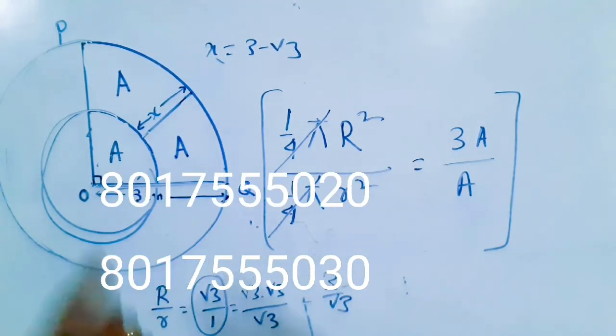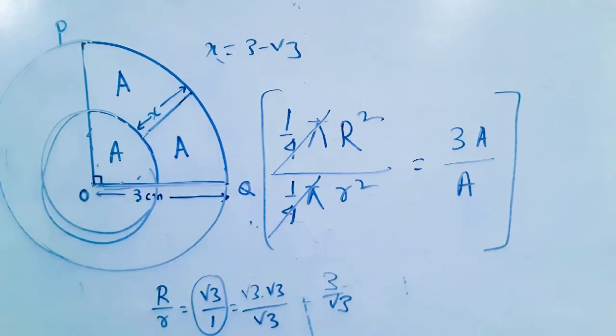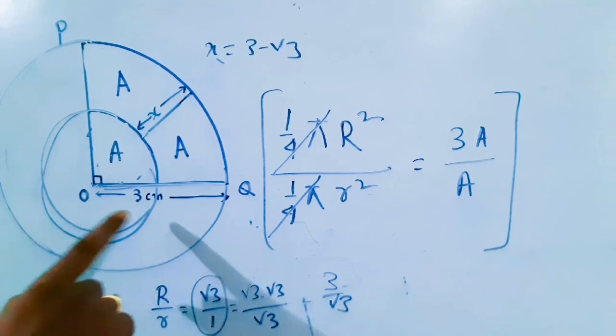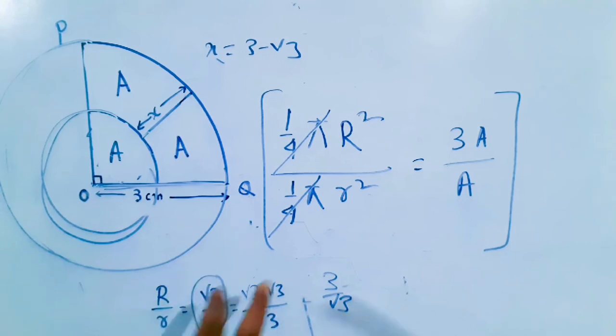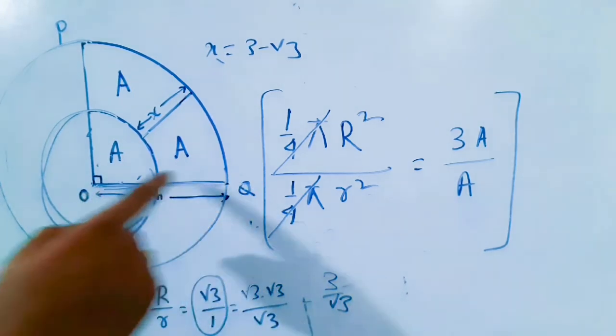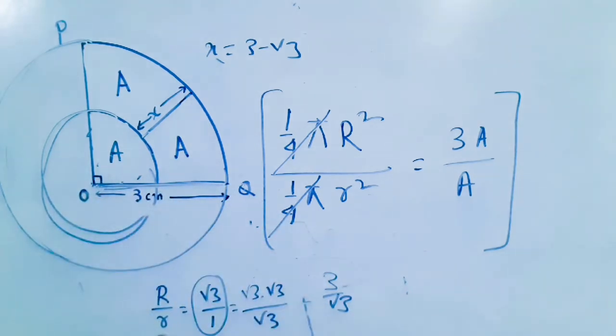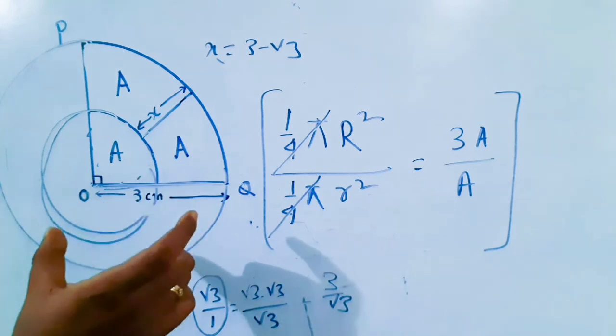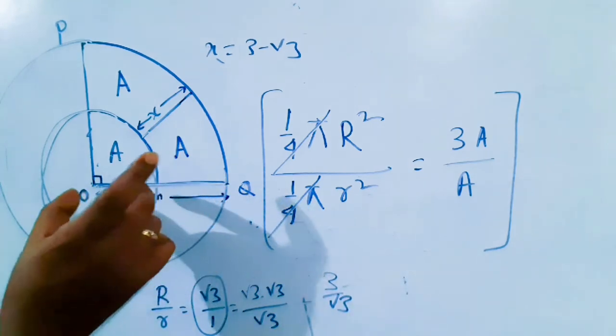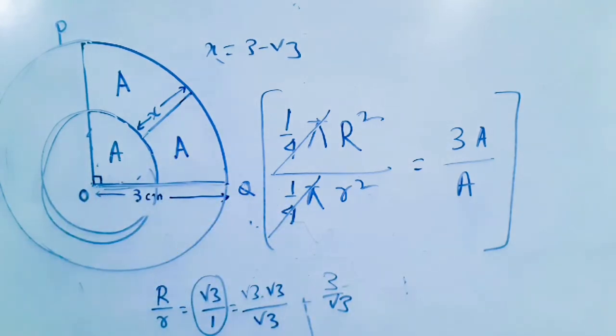Then square root both sides, we have got capital R by small r equals root 3 by 1. Root 3 is to convert 3, as 3 centimeter is given. So both sides are multiplied by root 3. So 3 by root 3. It's clear. Already capital R is given 3. So small r is root 3. X is the difference between the radius capital R and small r. It's clear. Thank you.